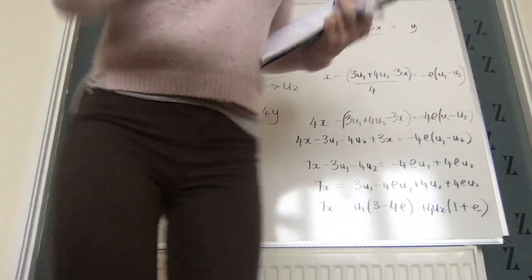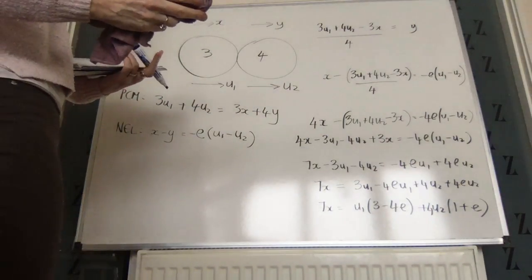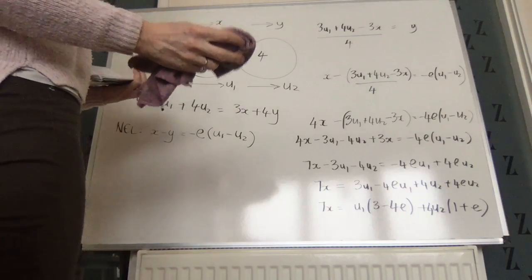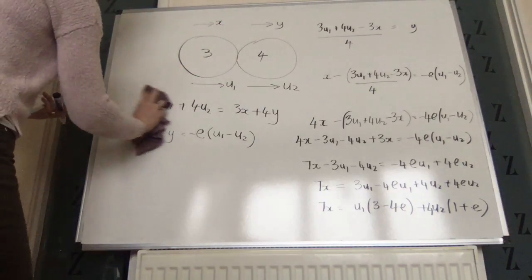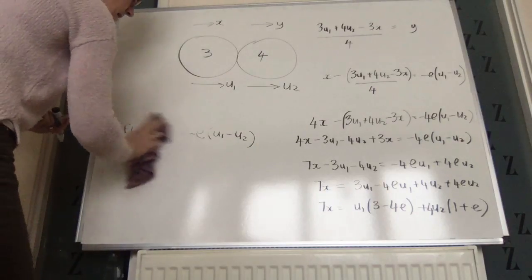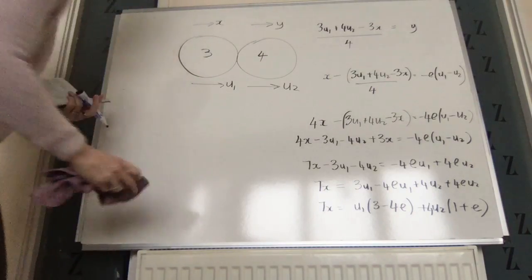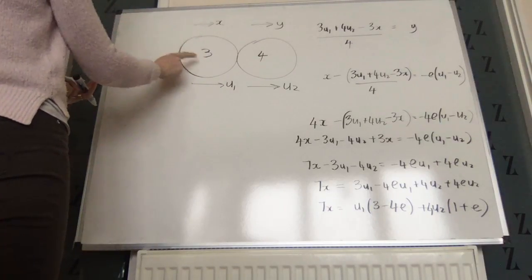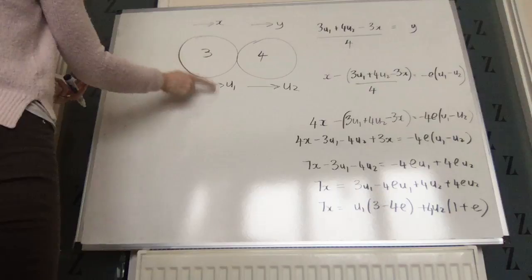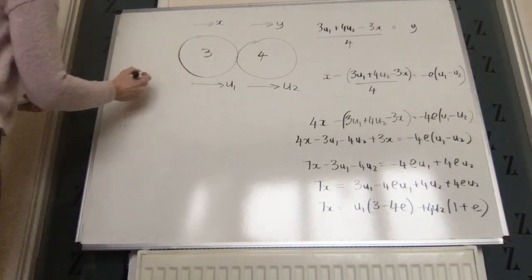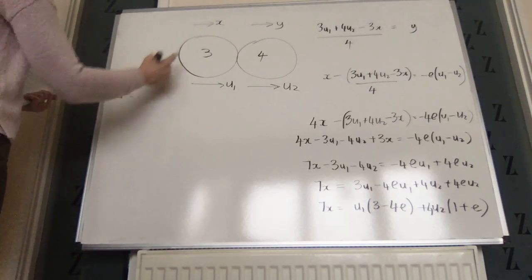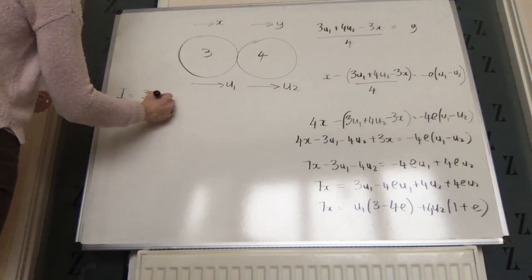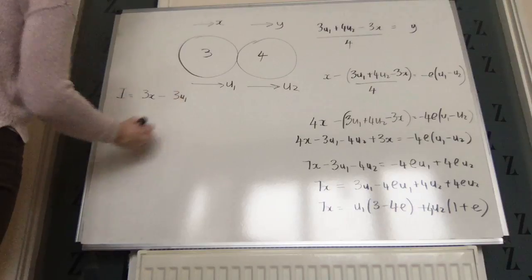Now, the next bit. Hence show that the impulse which each sphere receives. Well, the impulse for each sphere is its mass times its velocity afterwards, take away its mass times its velocity beforehand. So the impulse for the first sphere is 3x minus 3u1.